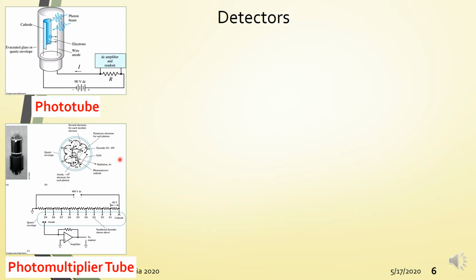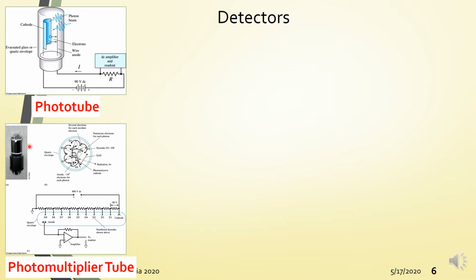So if, say, one photon hits the first dynode, the first dynode will multiply that photon into the equivalent of 2 electrons, for example. So these 2 electrons will hit another dynode, which will convert those 2 electrons into 4 electrons, then so on and so forth. So it multiplies the number of emitted electrons per photon interacting with the detector.